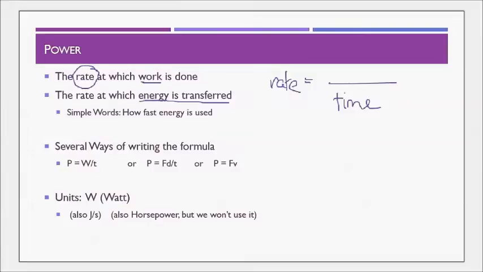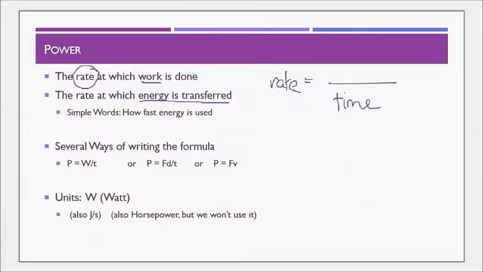One of them was the change in position over time, which was velocity, or we can say it as the distance divided by time, which was speed. Right? So velocity and speed are related. One is a scalar, one is a vector, but they're both very similar quantities.